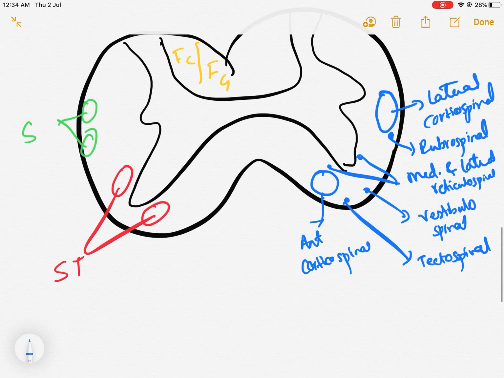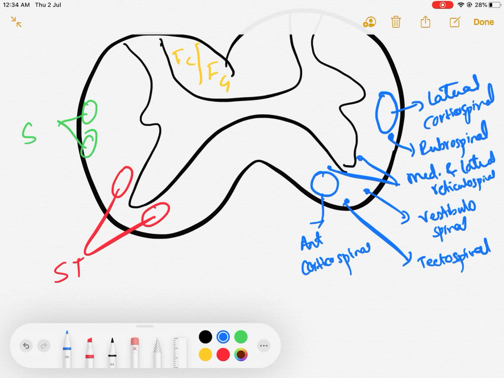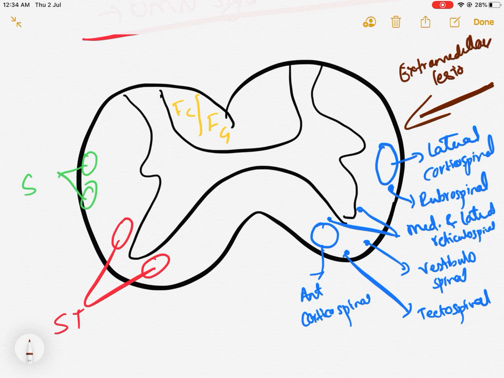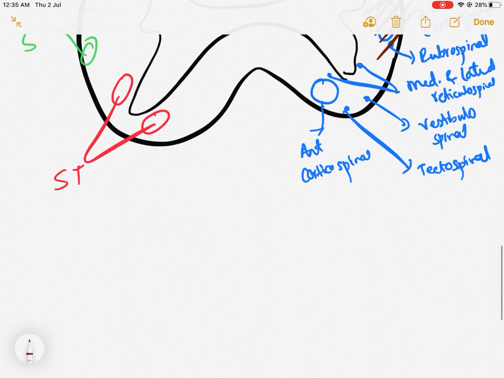Okay, so now the next scenario is if there is something compressing from here, that is an extramedullary lesion, that is, outside the spinal cord. If there is something compressing here, the involvement of the corticospinal tract is early.